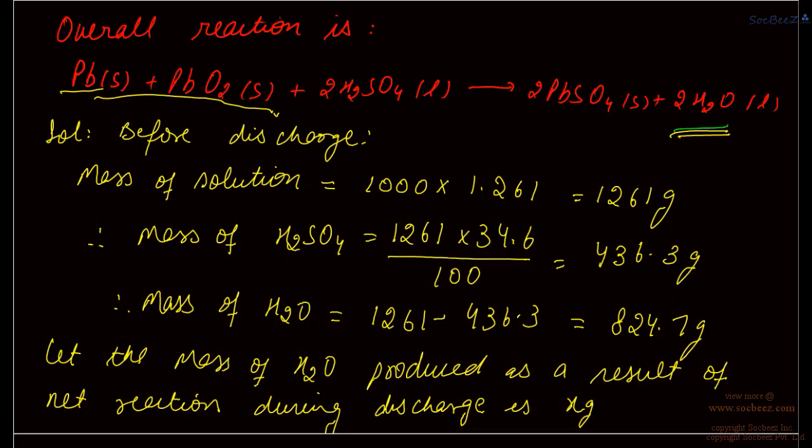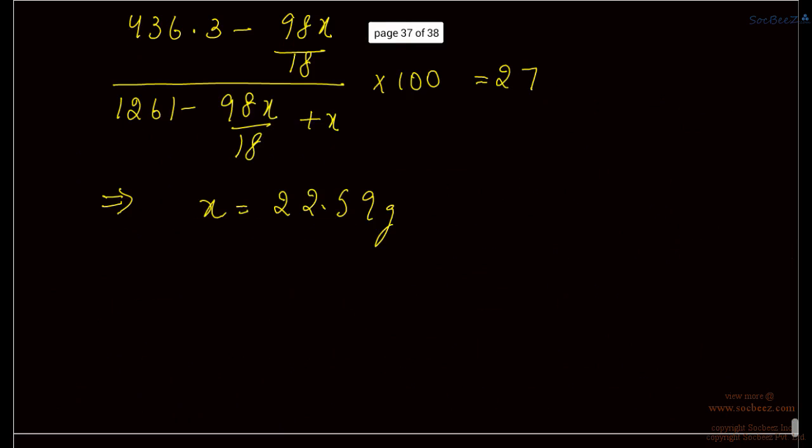Now from this reaction, it is quite evident that the moles of electrons exchanged at anode or cathode is 2, and since 2 moles of H2SO4 is consumed and 2 moles of H2O is formed, we can say that the total number of electrons exchanged equals total number of H2O formed or total number of H2SO4 consumed.